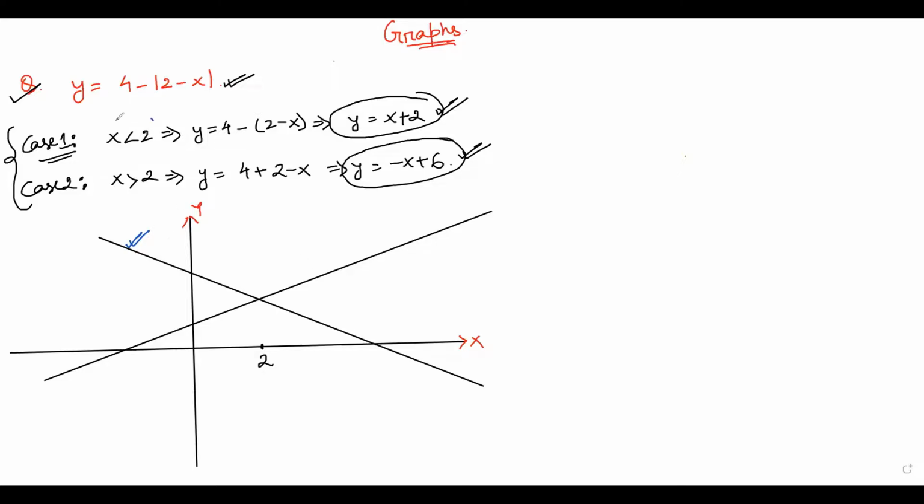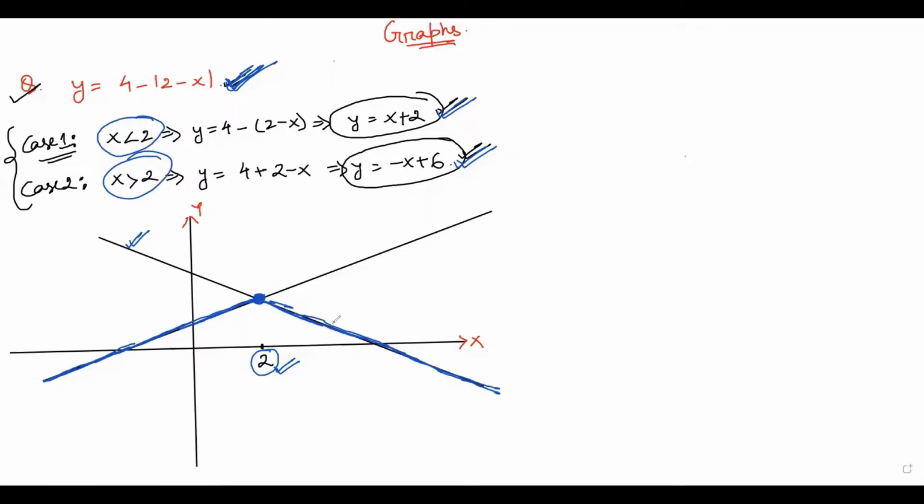But for x less than 2, this equation is represented by the line y equal to x plus 2. So for values of x less than 2, this line would be representing this equation. And for x greater than 2, this equation is represented by y equal to minus x plus 6. So for values of x greater than 2, this line would be representing this equation.